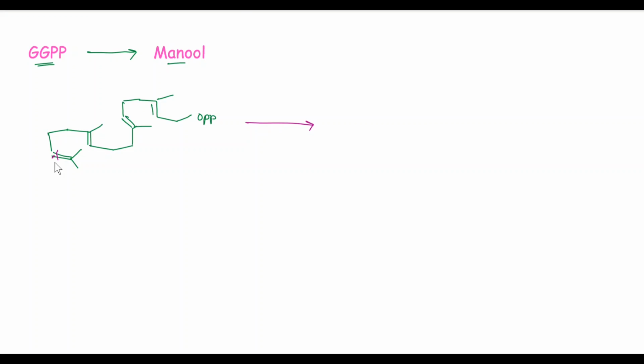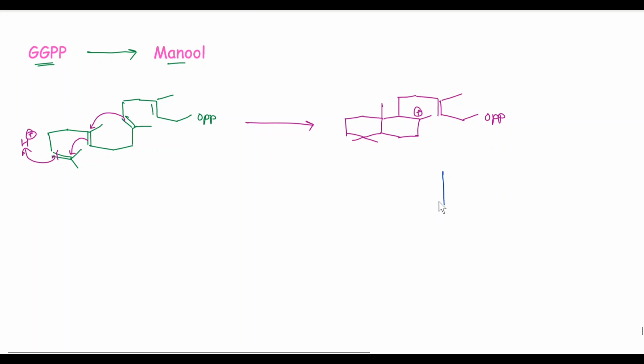This allows a series of concerted cyclizations. This double bond attacks on this double bond, and this bond attacks on this bond, and protonation takes place with the cyclization, and we get a tertiary cation. In the next step, loss of H plus from this methyl group.